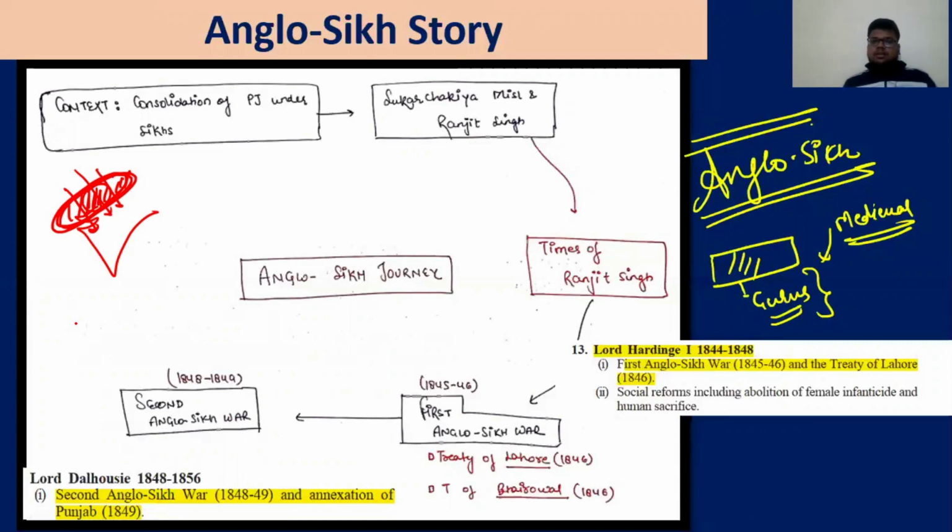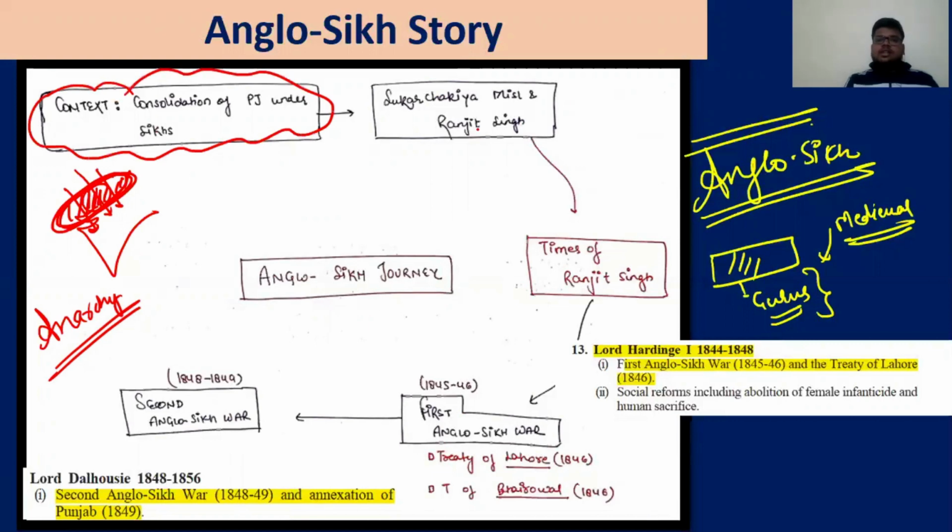But after the death of the strong leader, what happens? Anarchy. Small leaders with small armies were there. So a lot of consolidation needed to be done. And that consolidation was finally done by Ranjit Singh. A lot of misls, groups, were there.